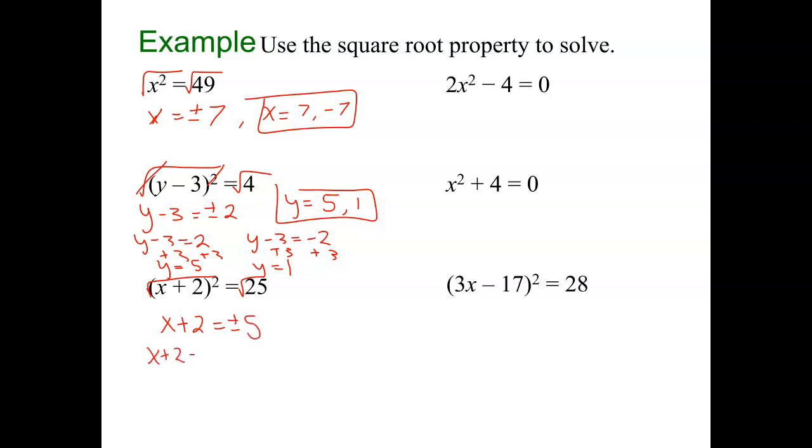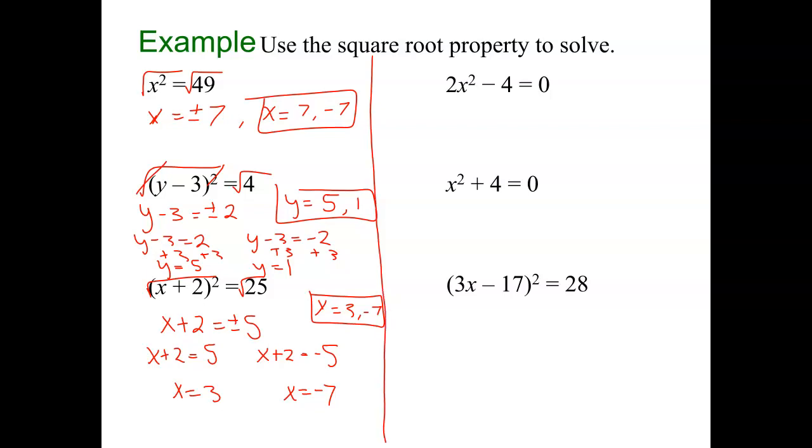So x plus 2 equals 5, and x plus 2 equals negative 5. All right, so what is x going to equal? x equals 3 and negative 7. Okay, so all of those started out nice and isolated, so that was helpful.